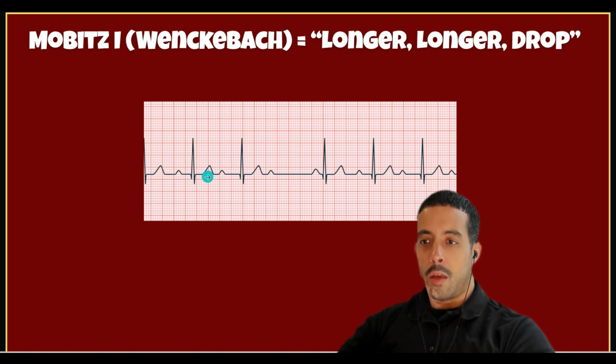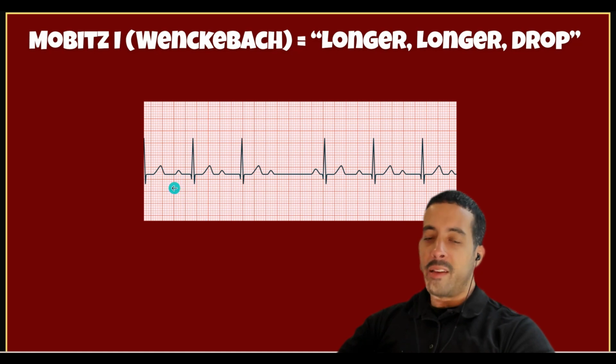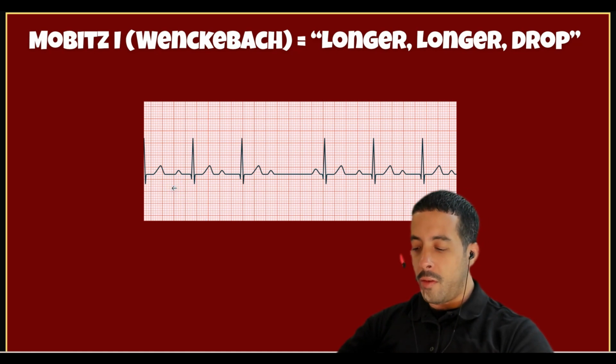Once again, if you want to diagnose a second degree type 1, the best way is to look at the P wave, notice how it goes longer, longer, drop. Now, what's going on here is that there's an electrical delay in the AV node.